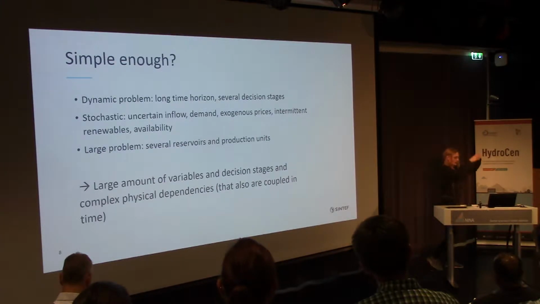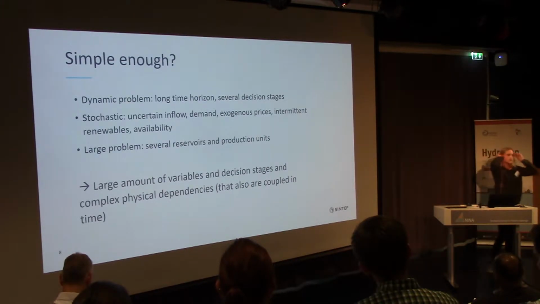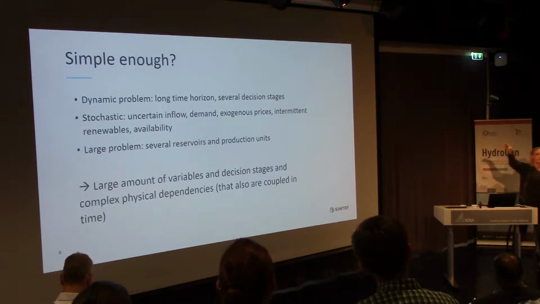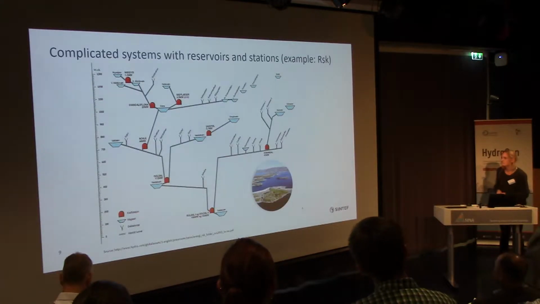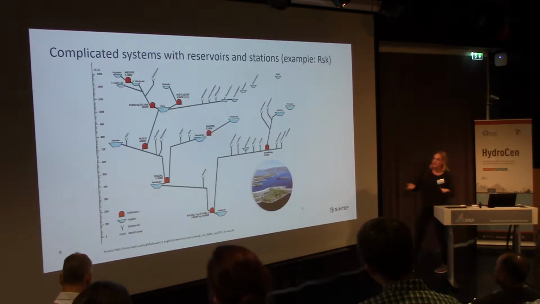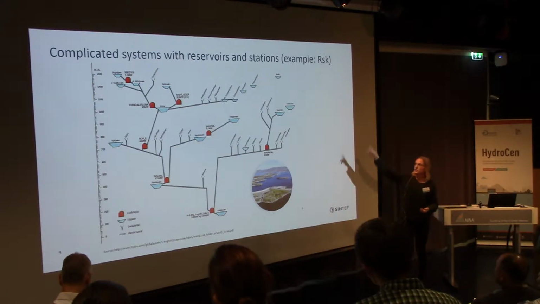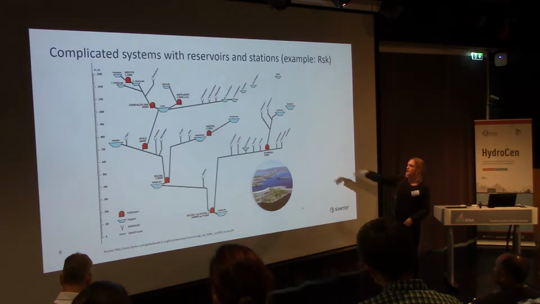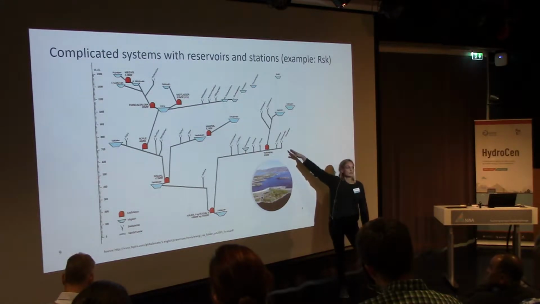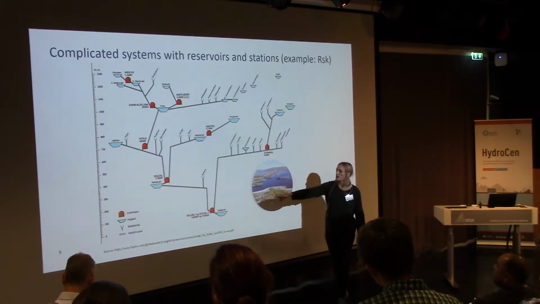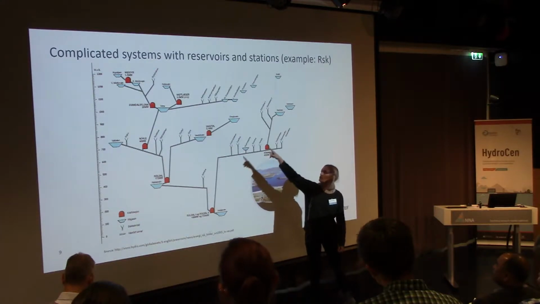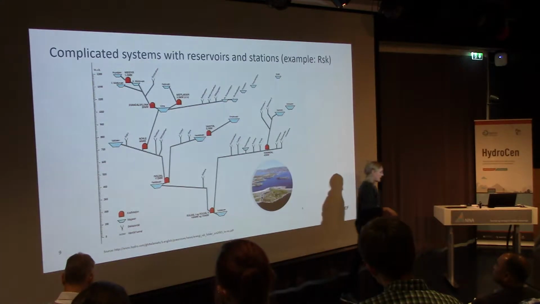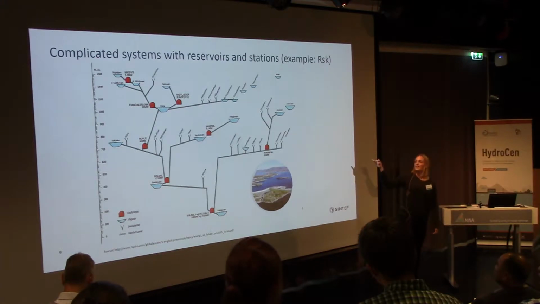So we already saw just this description of one plant, from one reservoir to one production unit. And this is one river chain and one system of connected reservoirs with different kind of intakes and several plants or production units. And then there are several of these.